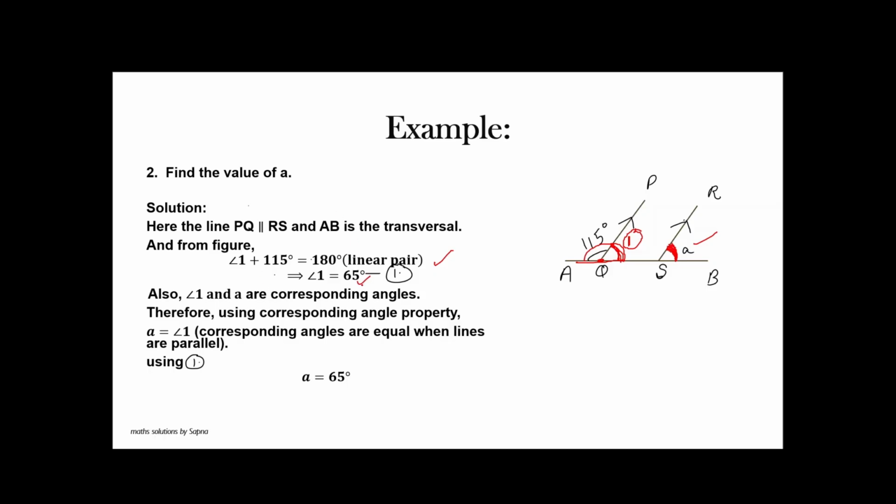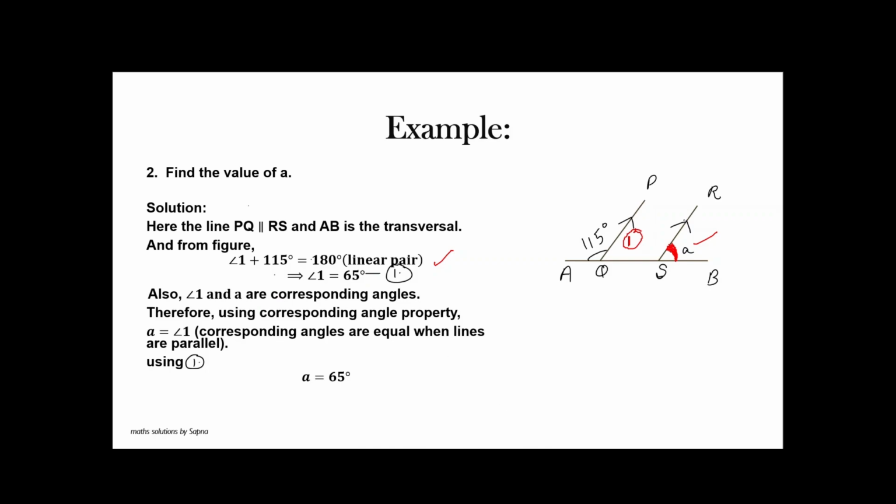I hope it's clear. Now, angle 1 and angle A are corresponding angles. I have angle 1, so now I can directly use the relationship between angle 1 and A to figure out what A is. Angle 1 and angle A are corresponding angles.